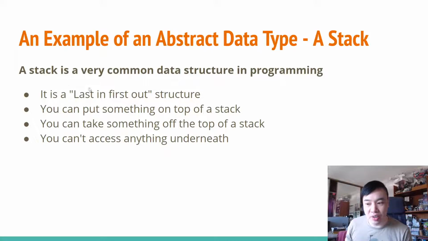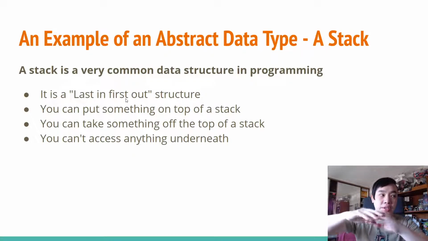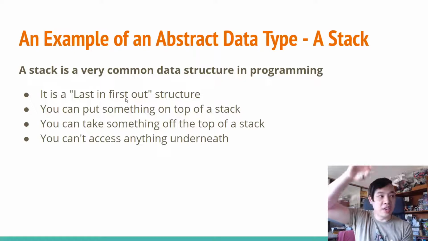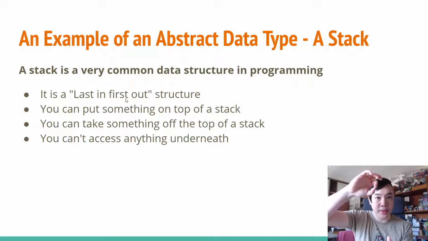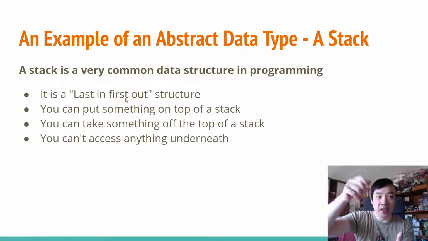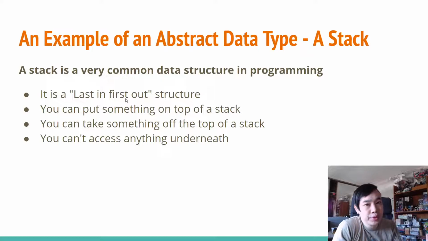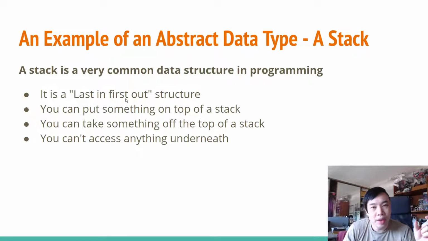So the last thing that went in is the first thing that gets removed. I like to think of it like a deck of cards. If I put cards on the table making a stack, the only cards I have access to are the ones on top. If I want to go through the cards beneath, I have to take the ones off the top first. So this structure gives us a set of rules for how we're going to put our information together.